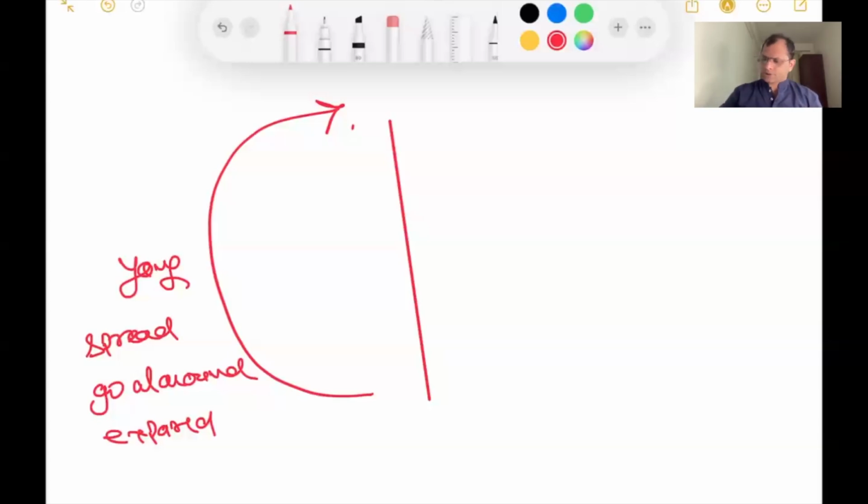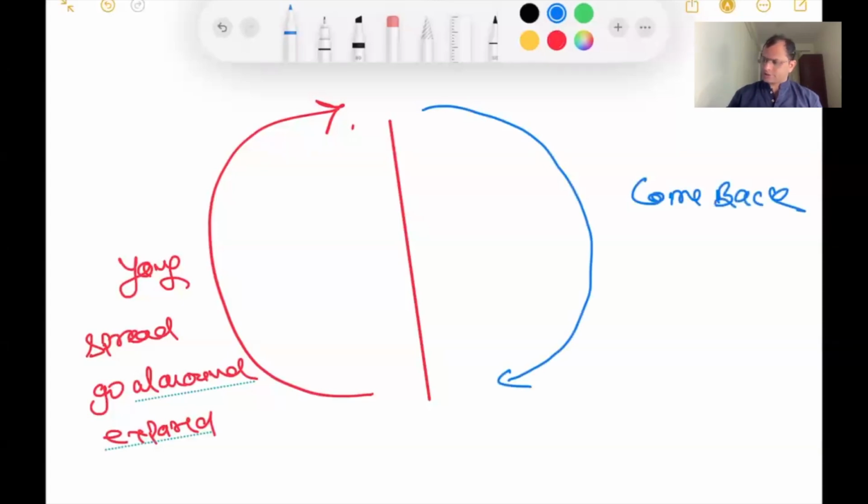On the other side, if we talk about yin, yin wants to come back to the original place. Like if yang is spreading, then yin is contracting. Okay.